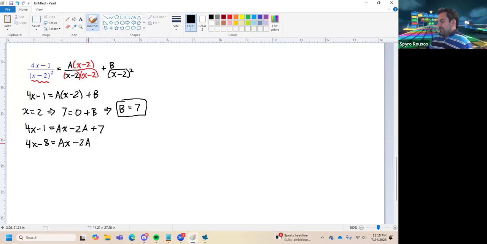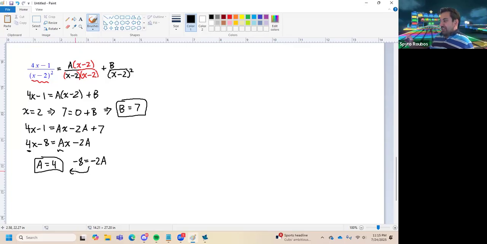Alright, technically we have two equations. We only need one of them, and the other one just agrees. Like, we know A is 4, it has to be. And if you're thinking, yeah, but what about the other thing? Well, the other thing says negative 8 is negative 2A, which just says A is 4. No matter what, it doesn't matter. We just have superfluous equations.